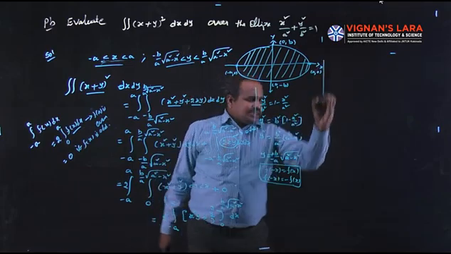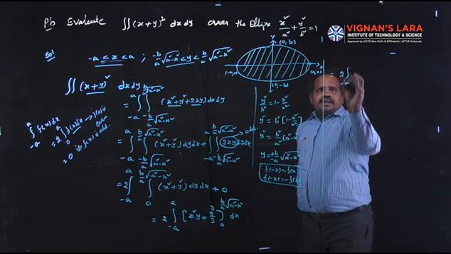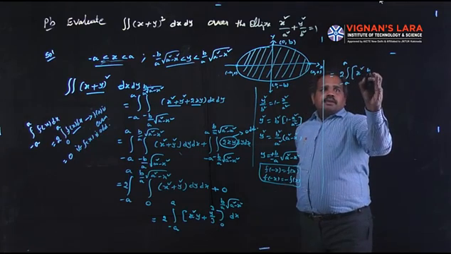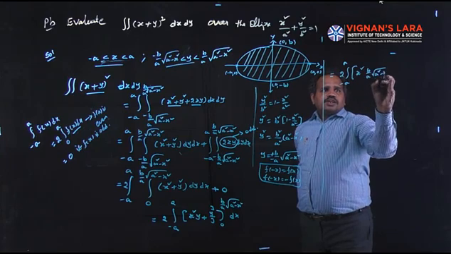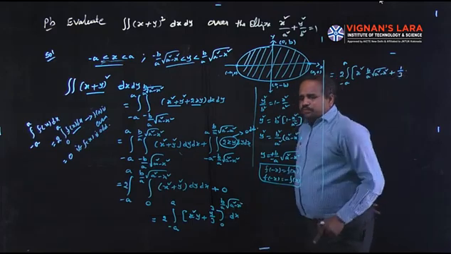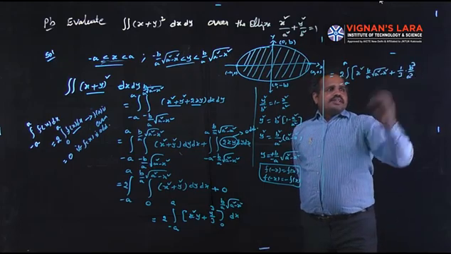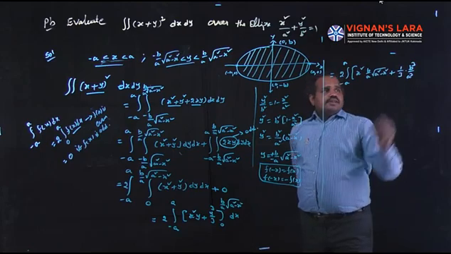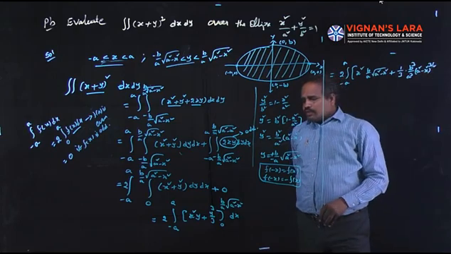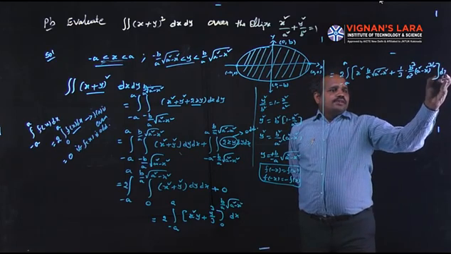The simplification is 2 into the integral from minus a to a of x square into the upper limit b by a under root of a square minus x square, plus 1 by 3, upper limit b by a under root of a square minus x square whole cube, which is nothing but b cube by a cube into (a square minus x square) power 3 by 2, into dx.